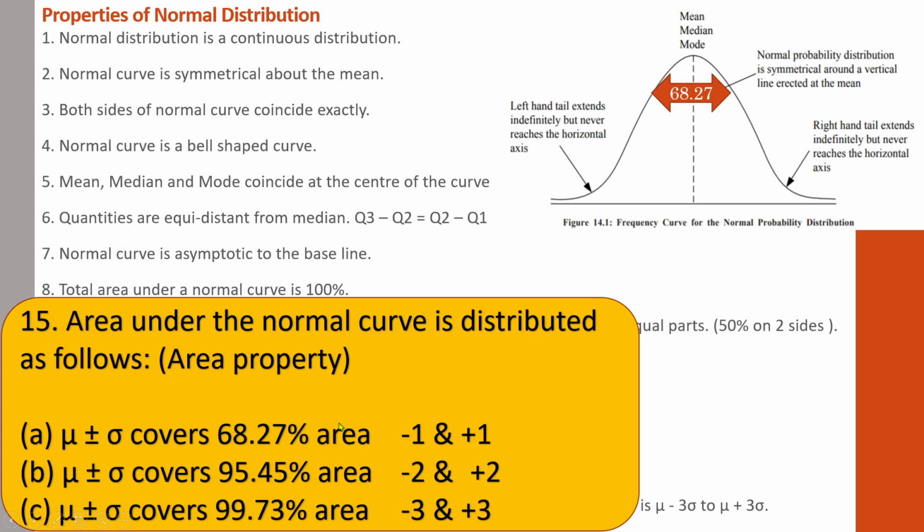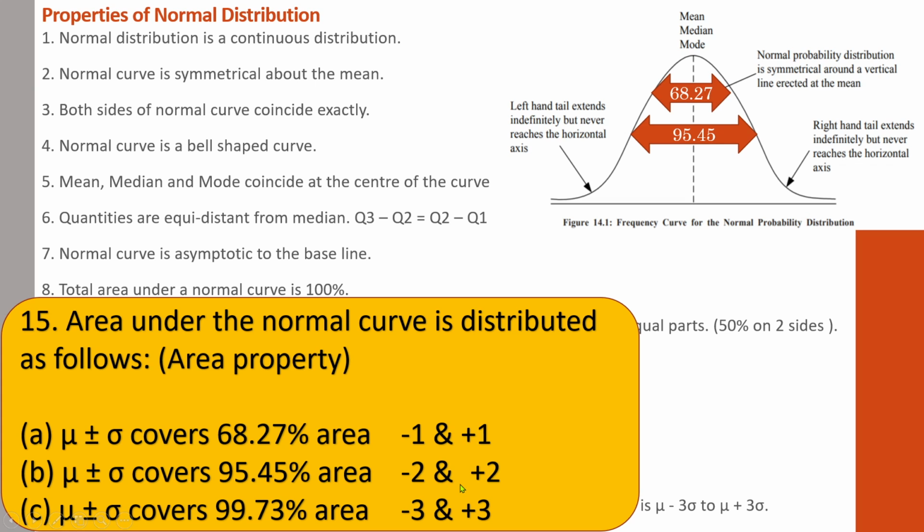Next, the chances that your computed value lies between minus 2 and plus 2 means from here to here. The scale is 0, plus 1, 2, 3 on one side and minus 1, 2, 3 on the other. Minus 2 to plus 2 is represented by 95.45% of the area.